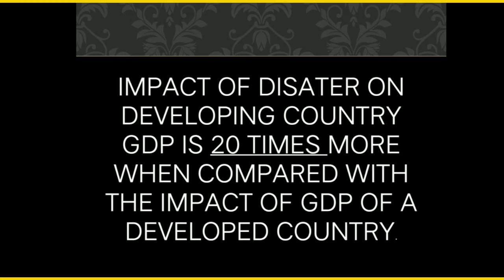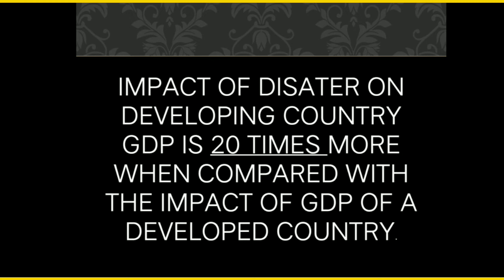When it happens in India, the impact will be 20 times more than in the USA. It is estimated that natural disasters or even man-made disasters can have a disproportionate impact on developing or underdeveloped countries as compared with industrialized countries.